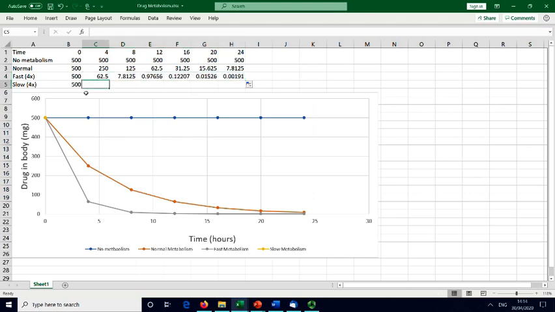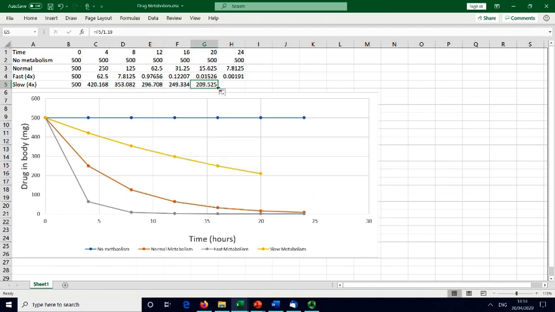Now obviously if you've got a slow metabolism, 4 times slower, well in this case it's the amount divided by 1.19, the cube root of 2. Everything happens 4 times more slowly, and what we see is a much slower decrease in the drug over time.